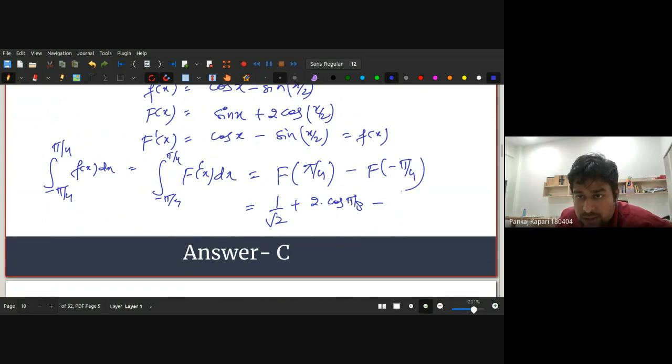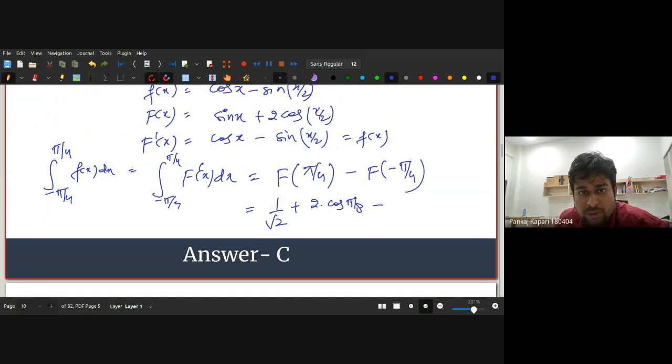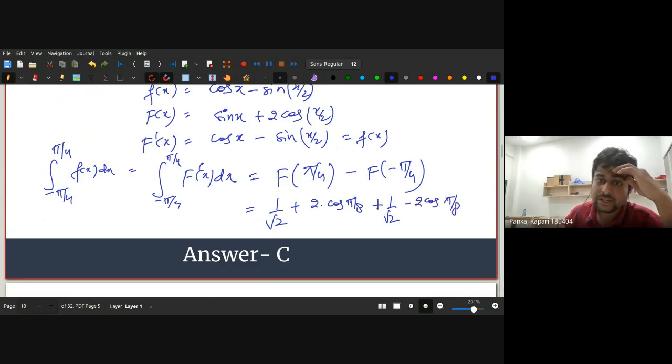And then minus, we have F of minus pi by 4. So if you take F of minus pi by 4, then you'll again have sine of minus pi by 4. Sine of minus pi by 4 is just minus of sine pi by 4, which is again 1 over root 2, because sine is an odd function. But because cosine is an even function, so here you will have again cos of pi by 8.